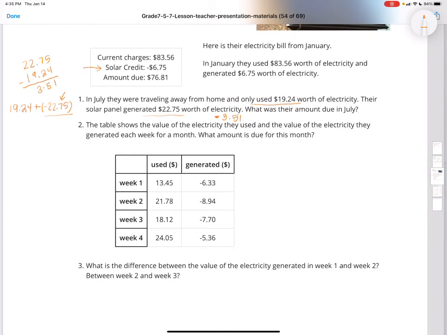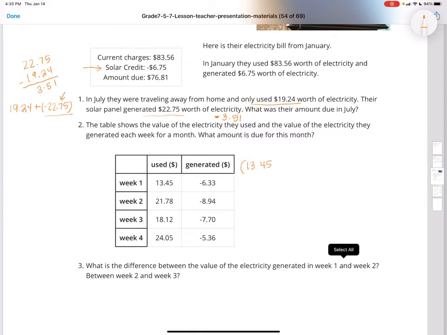All right, so then for number 2. The table shows the value of the electricity they use and the value of the electricity they generate each week for the month. What is the amount due for this month? Okay, guys. So I cranked out my calculator for this one. What I did was I added all of the positive numbers together.